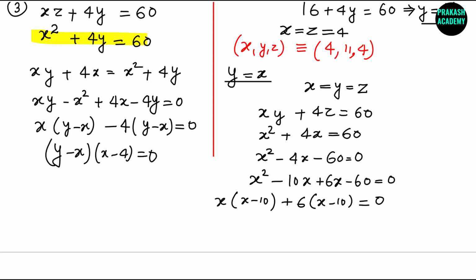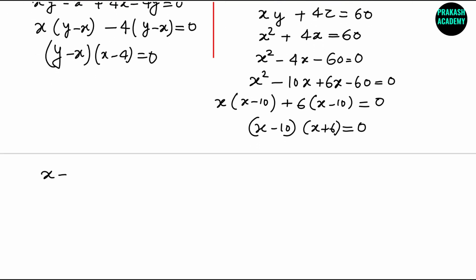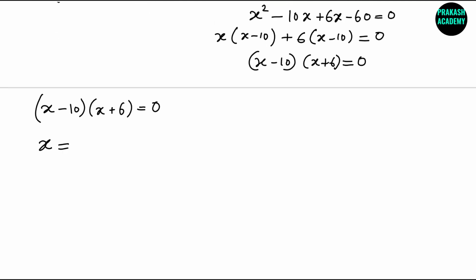So from here I can say x minus 10 into x plus 6 is equals to 0. So we have two solutions: x is equals to 10 or x is equals to minus 6.